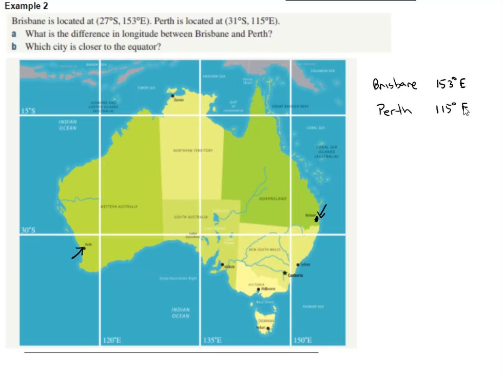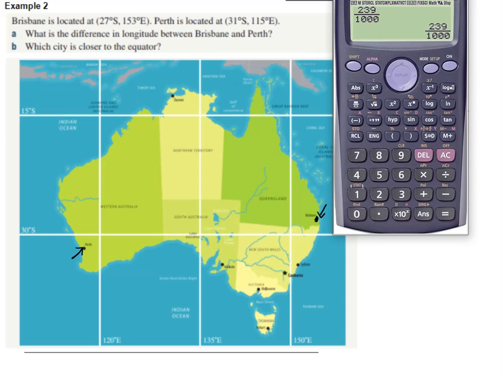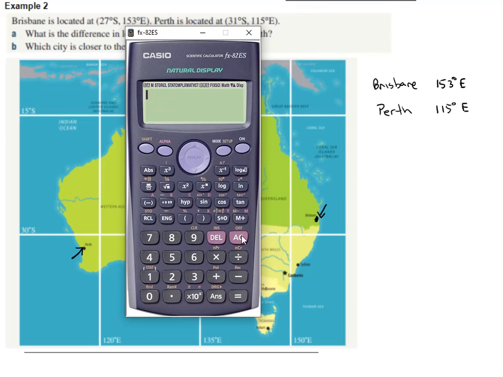So the difference between them, we just have to do a subtraction. 153 minus 115. We can just grab our calculators if you want and do that, or you can do it in our head, depending on how we're feeling. So 153 minus 115 equals 38 degrees.